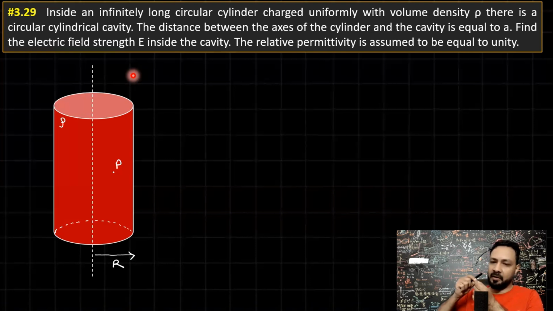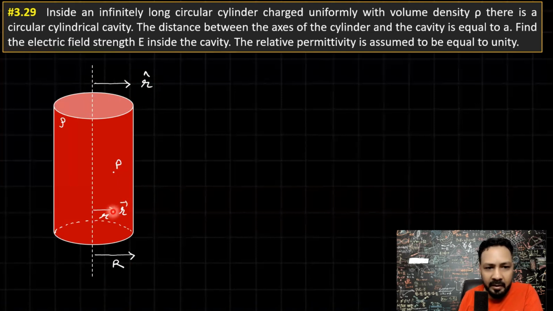So a unit vector in the radial direction is this r cap, which is perpendicular to the axis. I want to find the electric field at P, which is at a distance r from the axis, and the vector distance is vector r. So vector r can be written as r into r cap.